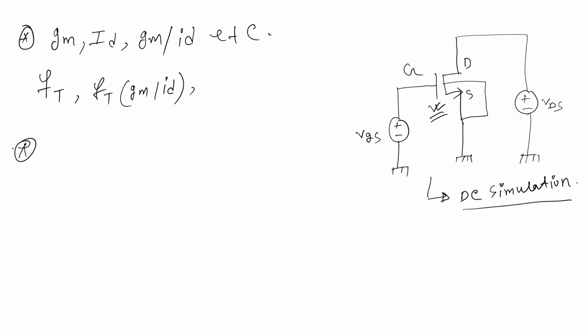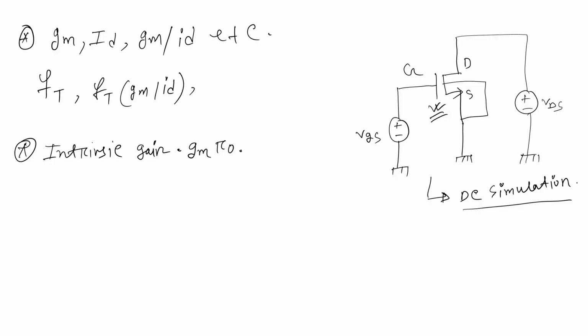Another thing we need to find is the intrinsic gain. What is the intrinsic gain? For a common source amplifier configuration, normally we consider no resistance, but this MOSFET itself has an output resistance. Based on that, I can write the intrinsic gain as GM RO.